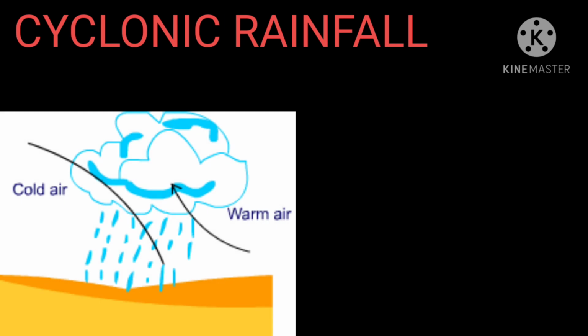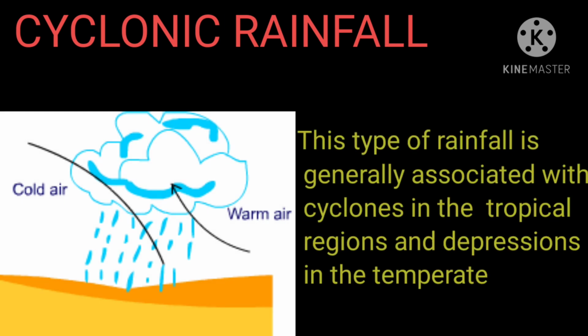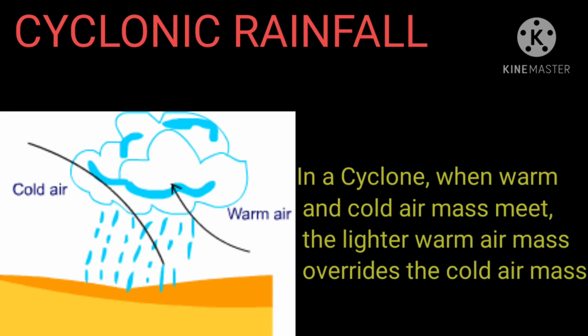Cyclonic rainfall. Children, this type of rainfall is generally associated with cyclones in the tropical region and depressions in the temperate regions. Children, in a cyclone, when warm and cold air mass meet, the lighter warm air mass overrides the cold air mass.